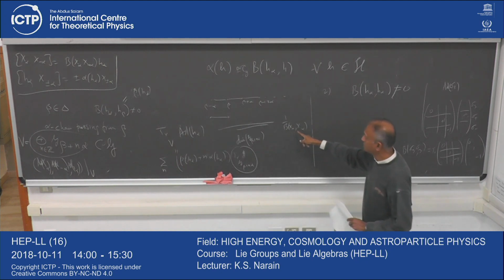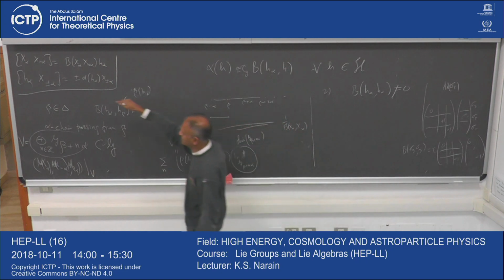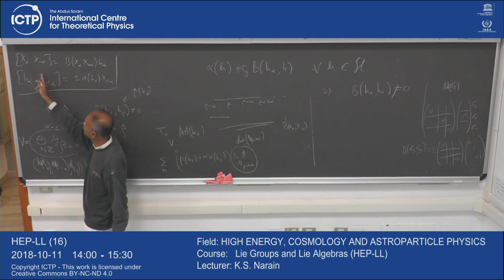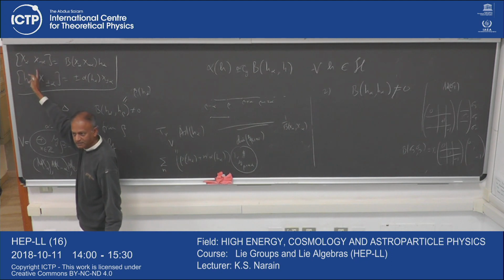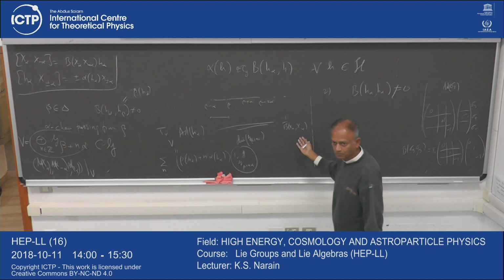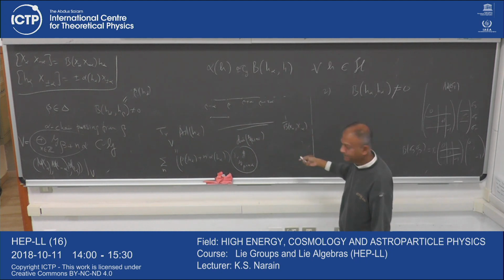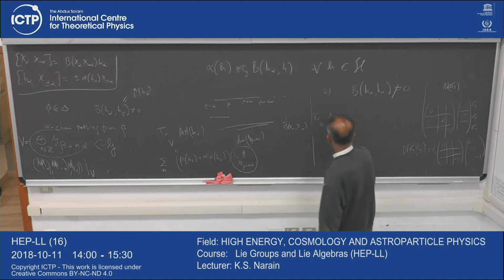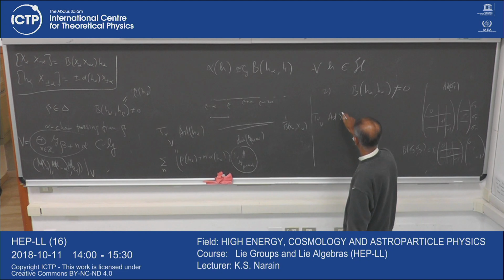Remember that, given an x_alpha, I can always find an x_minus alpha such that this is not 0. So I'm looking at that pair of x_alpha and x_minus alpha so that this is not 0, so I can divide by this number, there's no problem with that. It's some non-zero number, that times the trace over V of ad of x_alpha commuted with ad of x_minus alpha.